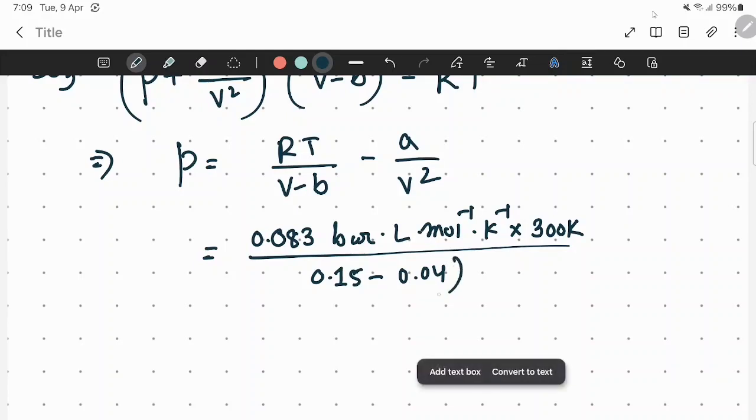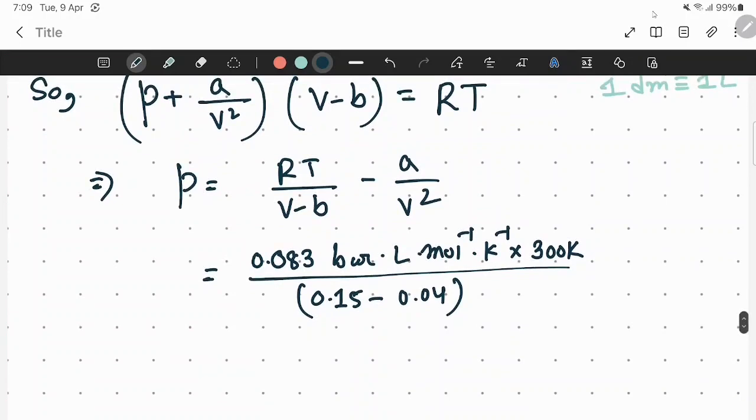And what will be the unit? This is for 1 mole, so it will be just liter. Now minus A by V square.